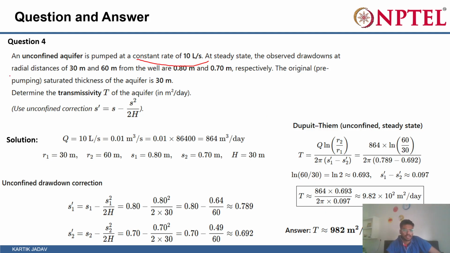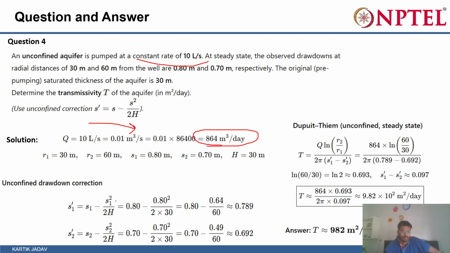Q is given as 10 liter per second. Let's convert it to meter cube per second, so it is 0.01 meter cube per second. Then multiply by 86400, so it is 864 meter cube per day. R1 is 30 meter, R2 is 60 meter, S1 is 0.8, S2 is 0.7, and H is 30 meter.